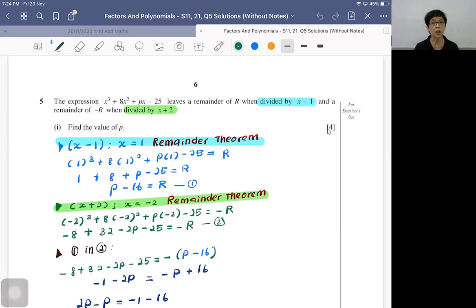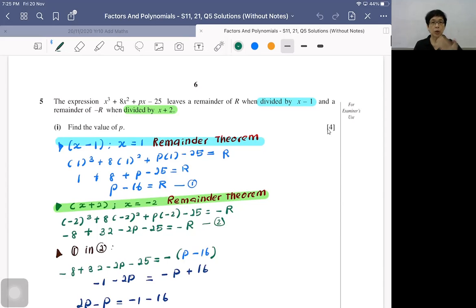Let's move on to a quick revision of the remainder theorem. It tells us about a polynomial being divided by a divisor, and again the divisor usually is a binomial, for example x plus 1 or 2x minus 7. If you divide the polynomial by the divisor, you will have at the end some form of remainder.